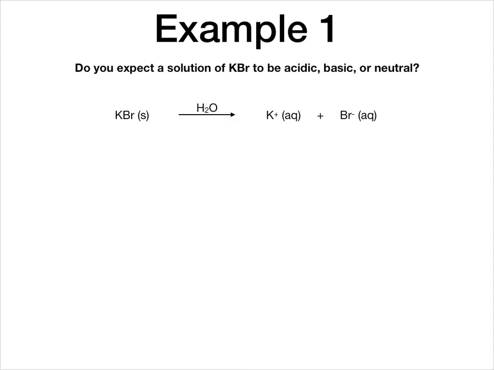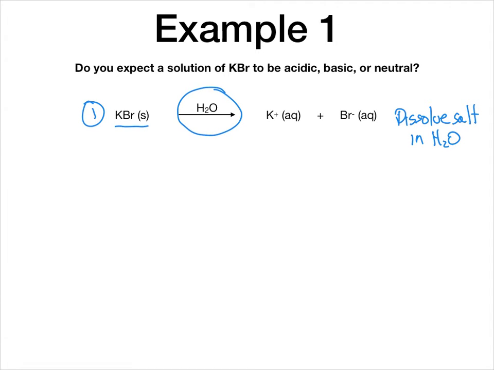And so the first thing that we have to do is we have to dissolve the salt in water. And so notice that to represent this in the equation, I start with the potassium bromide solid. I put it in solution. That's what this H2O over the arrow means.